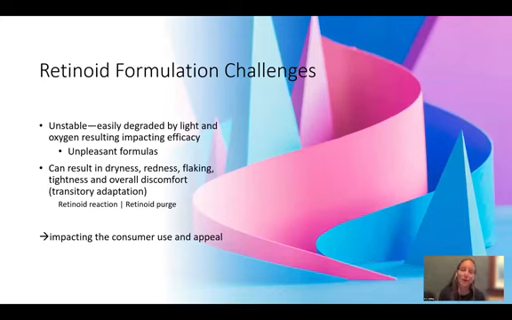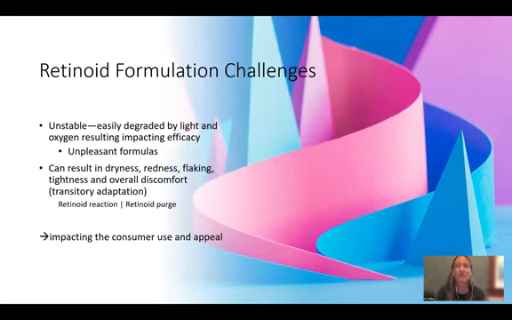But retinoids also have their challenges at the same time. First of all, retinoids are highly unstable. They are easily degraded by light and oxygen. And if you think about how formulas are made, we use water in formulas quite a bit. Water has oxygen associated with it, and that means that water can degrade the retinoids.